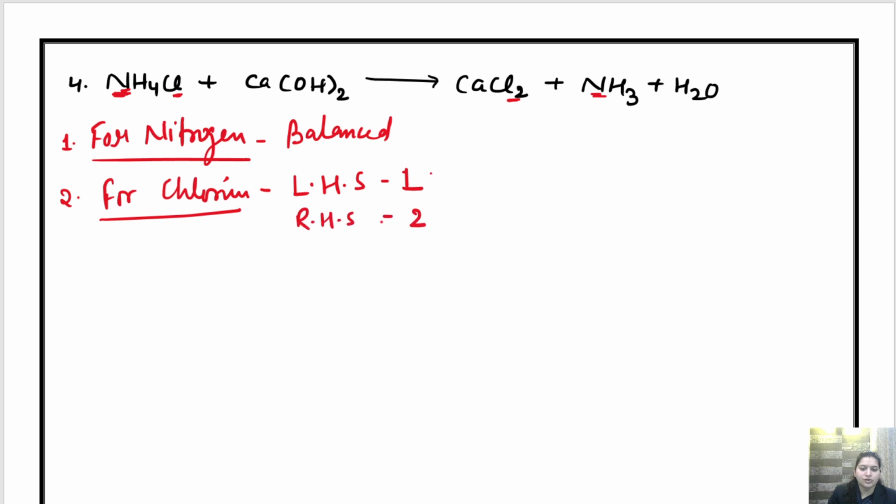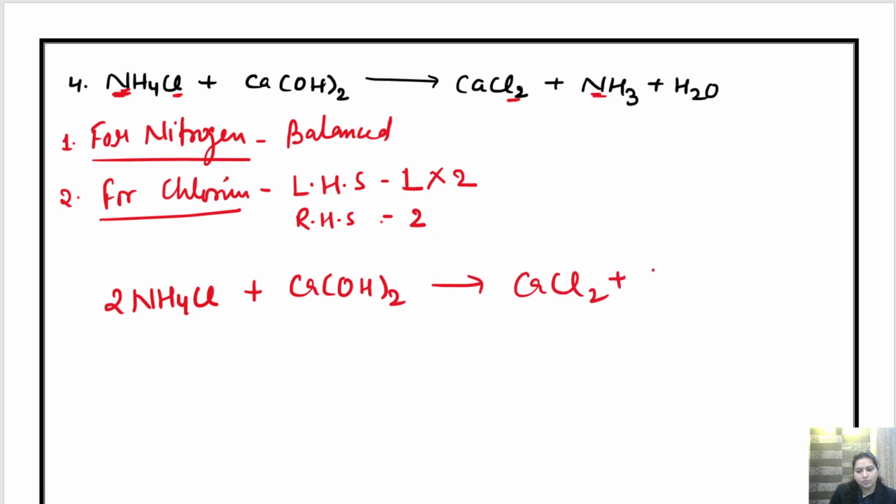So what we will do, we will multiply 2 to LHS, right? So what will be the equation? 2NH4Cl plus Ca(OH) whole twice will give CaCl2 plus NH3 plus H2O. Yes. So this will be the equation.